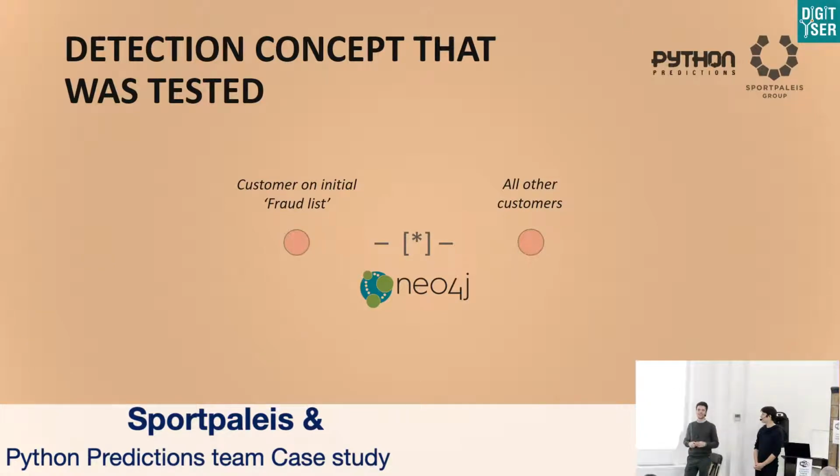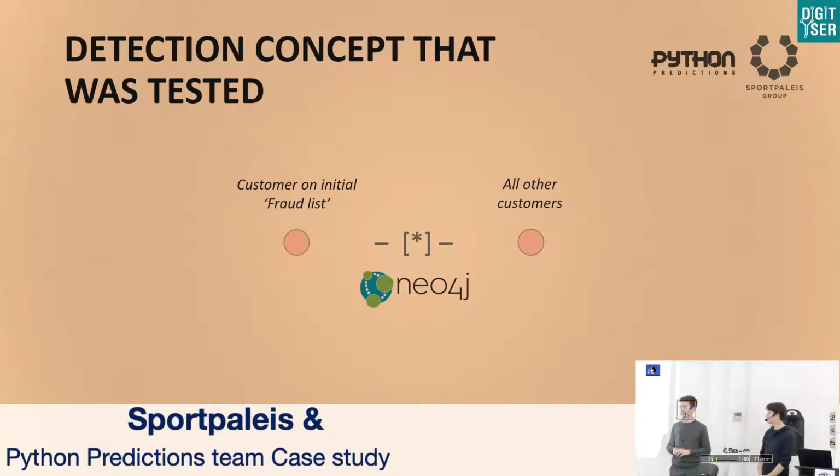So we thought, okay, let's start from the customers on the initial fraud list that were detected in a manual way, and let's see which links exist to customers that are not yet on the fraud list. See if there are any connections to see if we can make this first list bigger. That was the main idea.